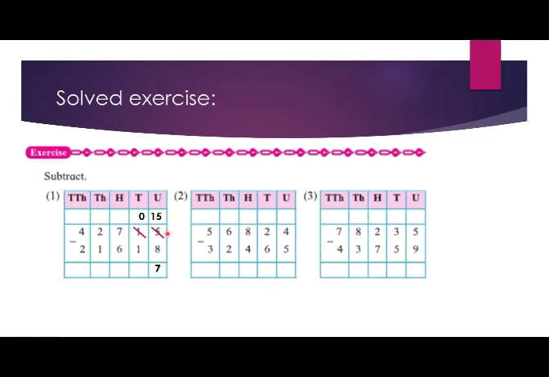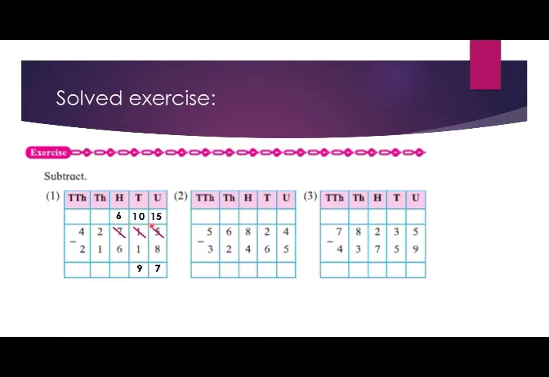Now again, I cannot subtract this 1 from this 0. This 0 is smaller than 1. So again, I'll have to borrow from this 7. I'll cut down this 7. I'll reduce this 7 by 1, that is, it will become 6. And I'll pass on the 10 hundreds to this tens column.